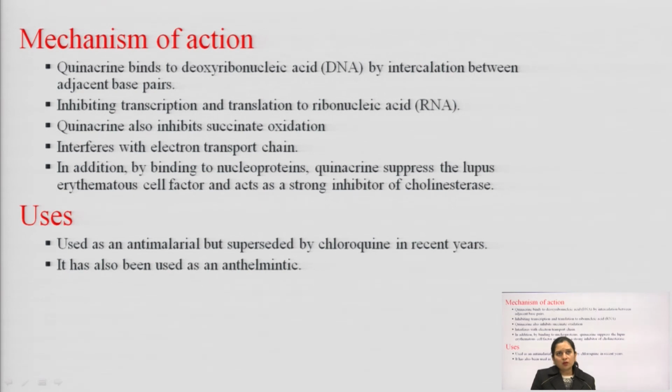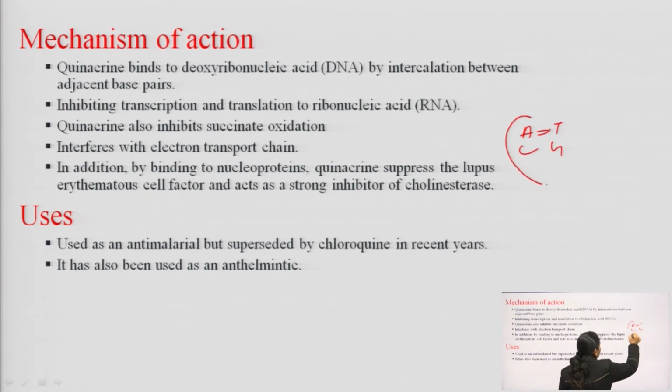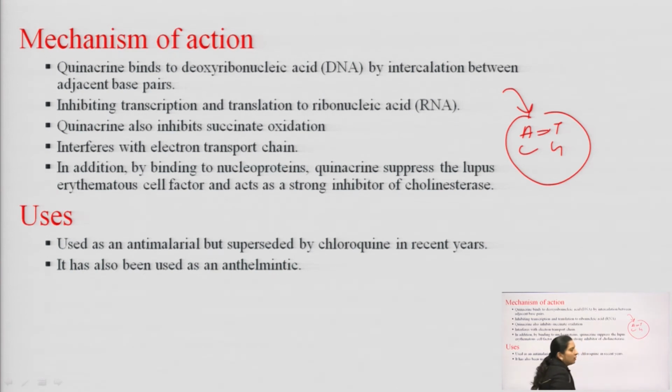If we talk about the mechanism of action, quinacrine binds to the deoxyribonucleic acid, DNA, by intercalation between adjacent base pairs. It binds with the base pair and hence with the DNA.